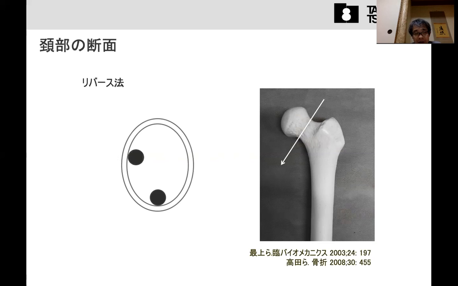They say that if we insert a screw or pin like this, the maximum distance between the two screws is longer than the former version of insertion.